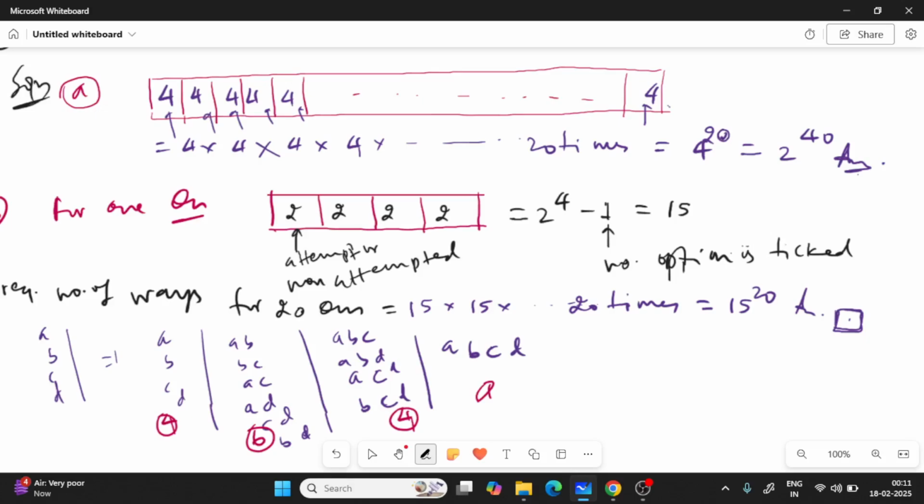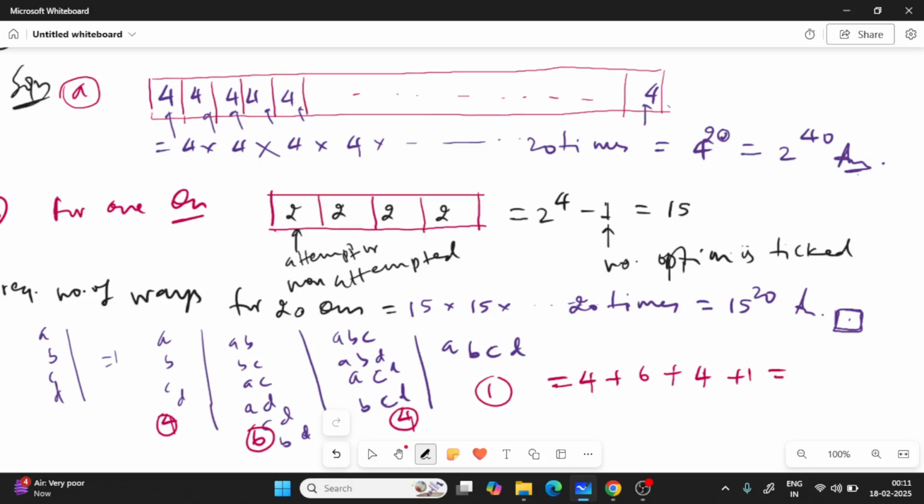So the total number of ways would be 4 plus 6 plus 4 plus 1, that is 10, 14, plus 1, 15 ways.